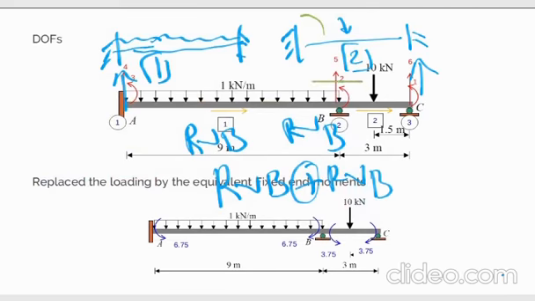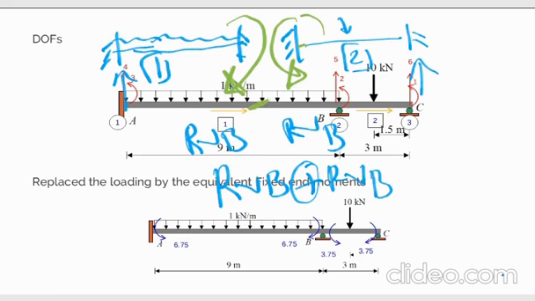So here in member number 1, the rotation is clockwise, like this, and at point P in the second member, it will be anti-clockwise. Okay, like this. So it will be a minus sign here.